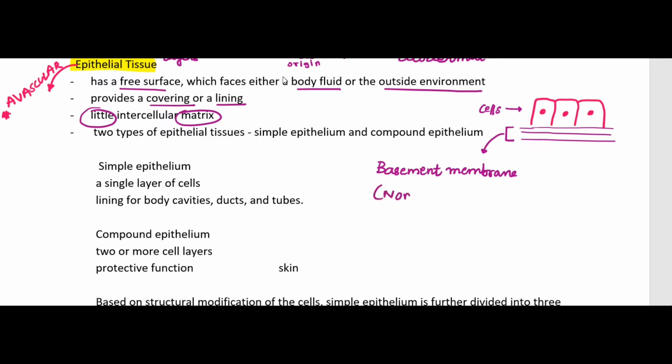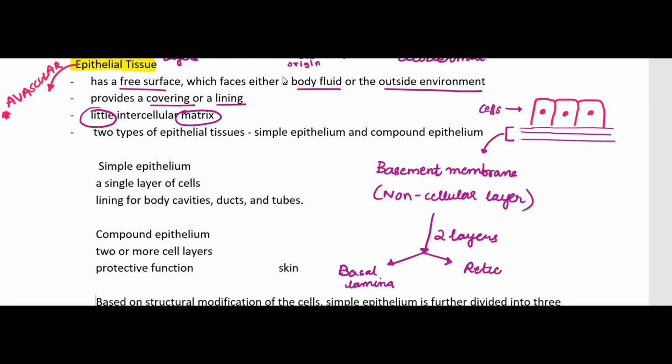So the basal lamina is on the base of the cells, which is closer to the cells, and the reticular lamina is closer to the underlying tissue. And as mentioned earlier, these cells have a free surface which faces either the body fluid, that is the extracellular fluid ECF, or the outside environment. This is all about the cells of epithelium.